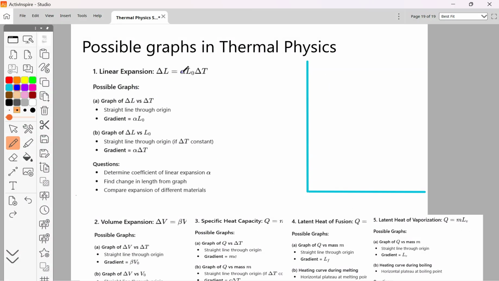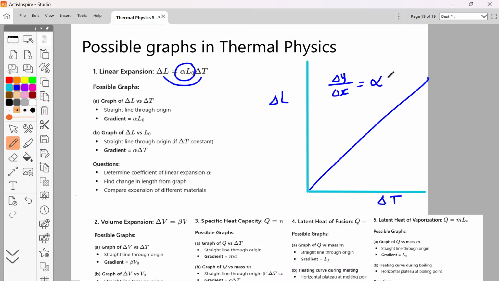For this equation, you can plot a graph of delta L versus delta T. And as I said in the analytical skills question, you can see there's no plus or minus. So that means my graph must be a straight line through the origin, and my gradient, change in y over change in x, would then be equal to alpha times L naught.